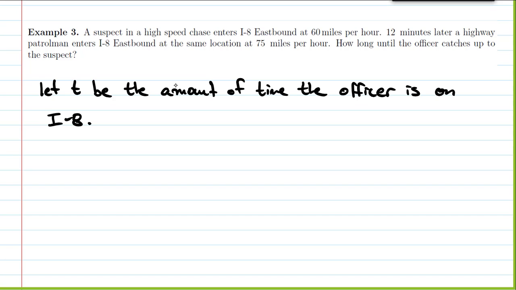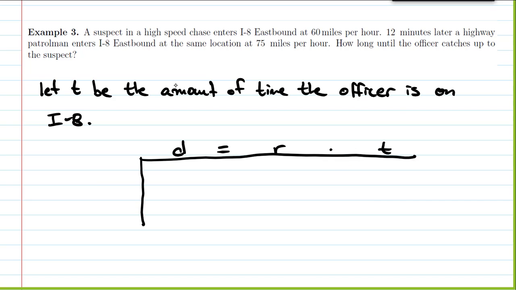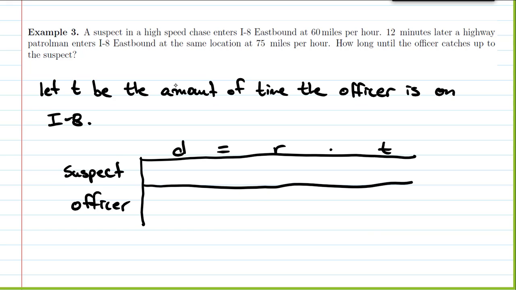So then, using the same strategy that we had above, D is equal to R times T. We're going to make our table, but in our table this time, we're just going to have the suspect and the officer. So my table's only going to have 2 rows in it this time and 3 columns.